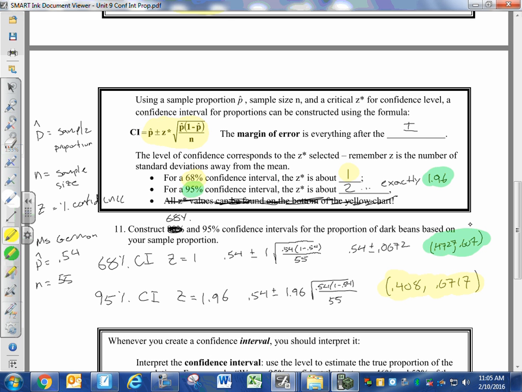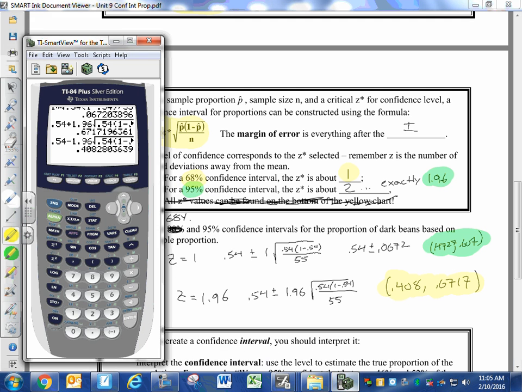Everybody, let's go back. What if Miss German changed her sample, and instead of picking out 55, she picked out 255, but she still got a sample of 0.54? If we do a 95% confidence interval, watch what happens. My high end becomes, what do we want? 555 beans?